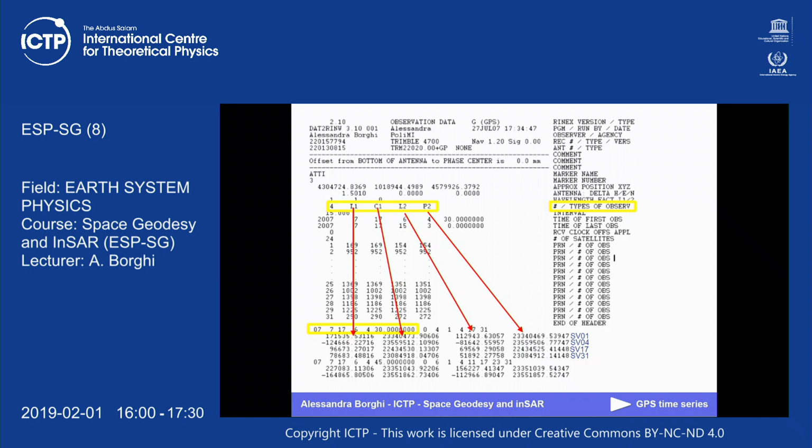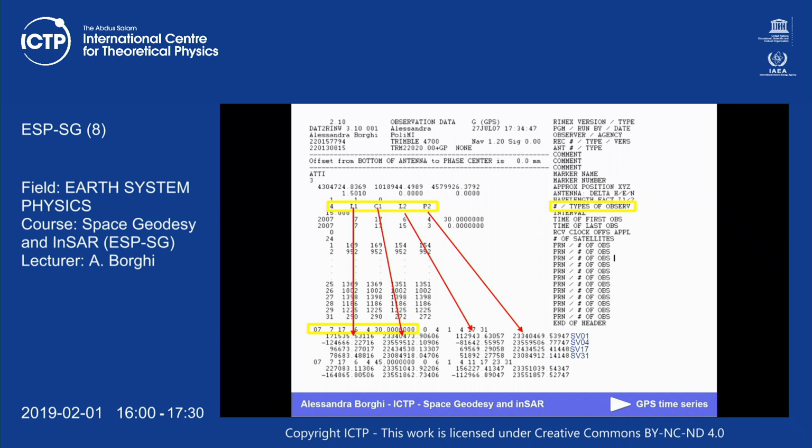This is, for instance, a RINEX file, an ASCII file, so you can really read it. You have the version of the RINEX file, who performed the observation, the company, the type of receiver, the type of antenna; 'none' means without radome, without the protection of the antenna.